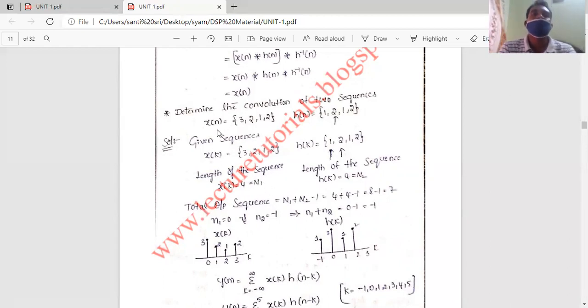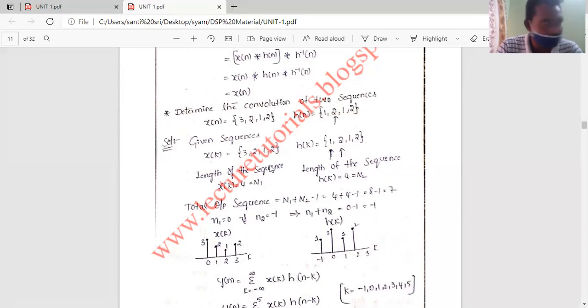Coming to the second one, the length of the sequence is also 4, represented as n2. So the total output sequence length is n1 plus n2 minus 1. n1 plus n2 is 4 plus 4, that is 8, minus 1, that is 7. So the total output sequence, that is the resultant sequence, has length 7.